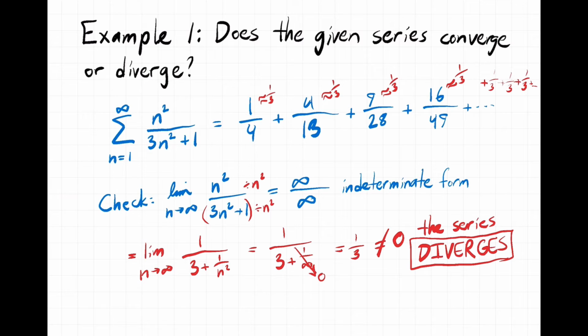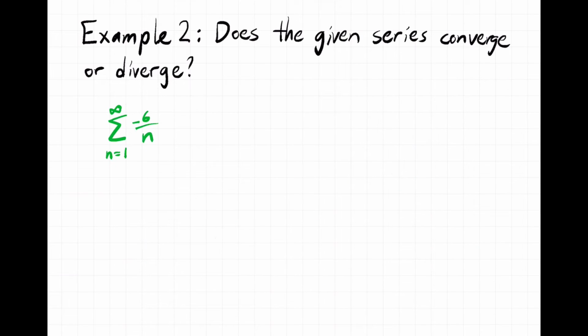Let's try another example. Let's look at the sum as n goes from 1 to infinity of -6 over n. So we can write out the first few terms here. So -6 over 1 is -6. When n becomes 2, -6 over 2 is -3. So -6 minus 3. When n becomes 3, we have -6 over 3, which is -2.